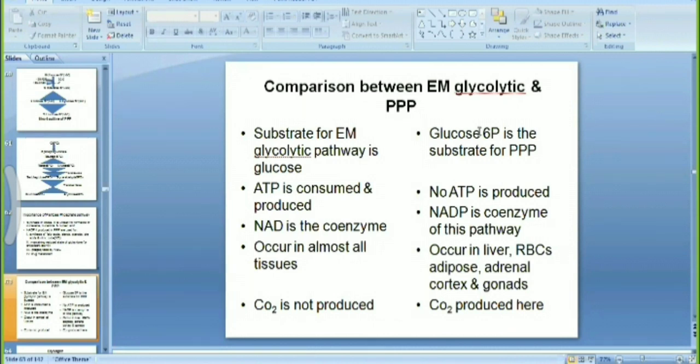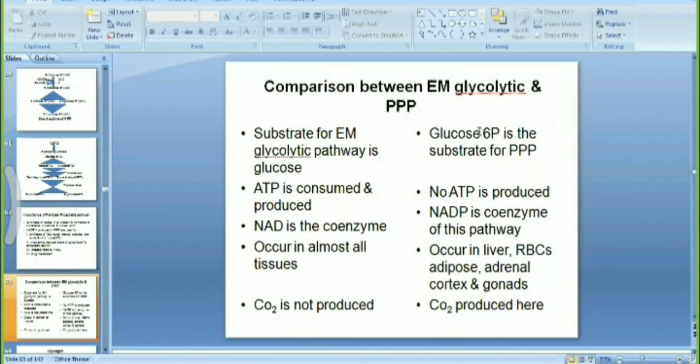There is addition of one phosphate, but that differs the coenzyme. Glycolytic pathway occurs in almost all tissues.